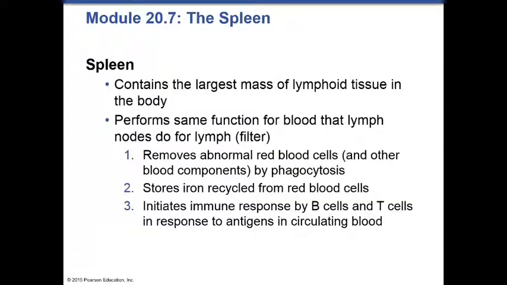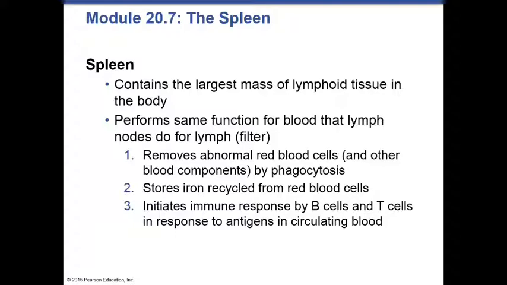So the lymph nodes, as you know, were the screening organs for lymph traveling through lymphatic vessels. The spleen basically does the same job for the bloodstream. So not only do you have the lymphatic system screening fluid through lymph nodes, but the spleen is also constantly screening the blood as it passes through the spleen.